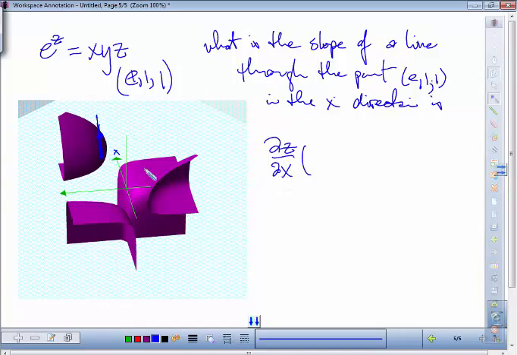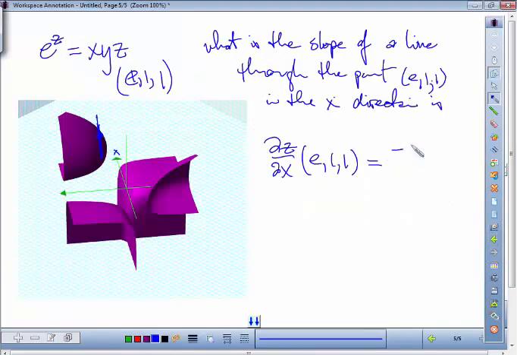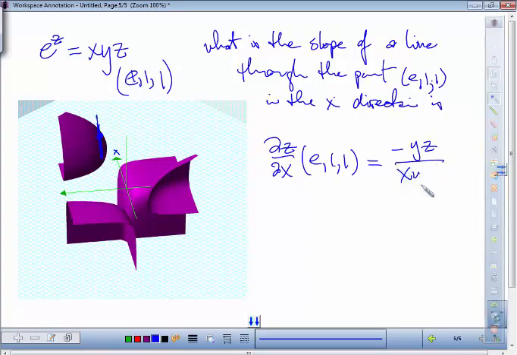And if you notice, the partial of z with respect to x had an x and a y and a z in it, right? So we have 3 values to fill. This is negative yz over xy minus e to the z. So you simply put those values in there.